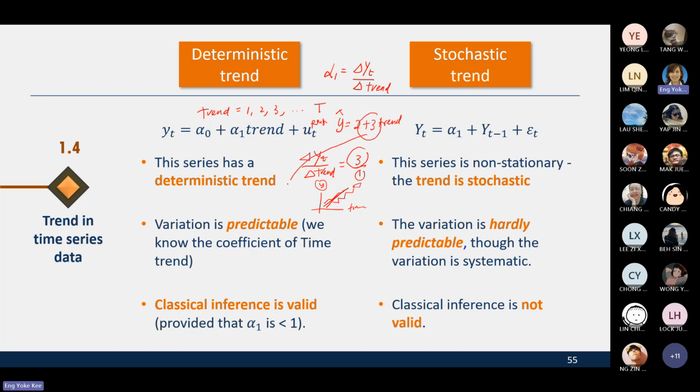So it's predictable in the sense that we know how much it will change. So how about next year? How about next 2 years? How about next 3 years? You know that the value will not change. It's about 3 billion, for example.